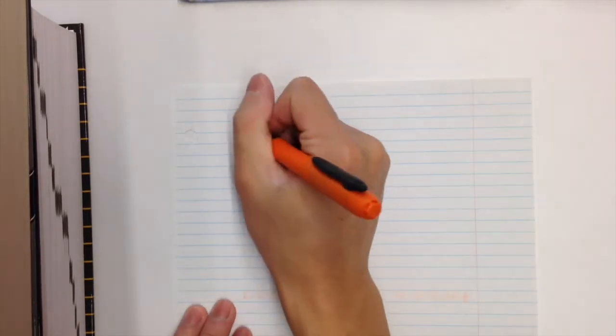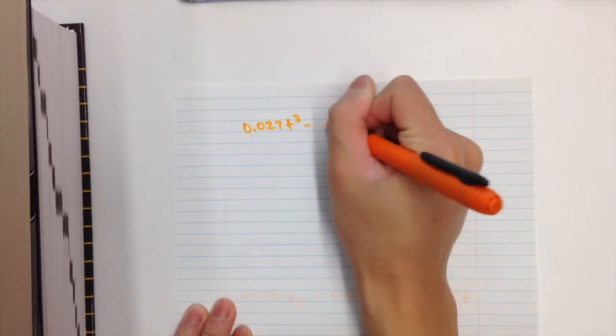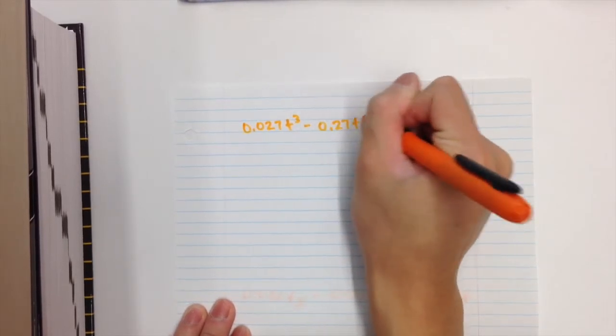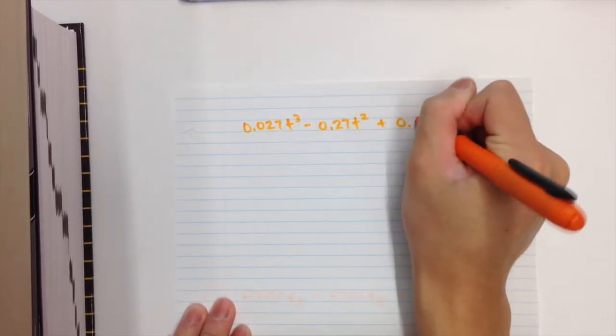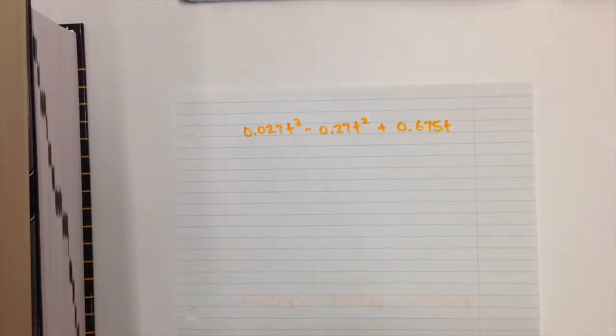Question C asks, solve the problem in part B. So we know the equation is 0.027 t cubed minus 0.27 t squared plus 0.675 t. And question B asks, how many seconds have passed if the volume of air in a person's lungs is 0.25 liters?